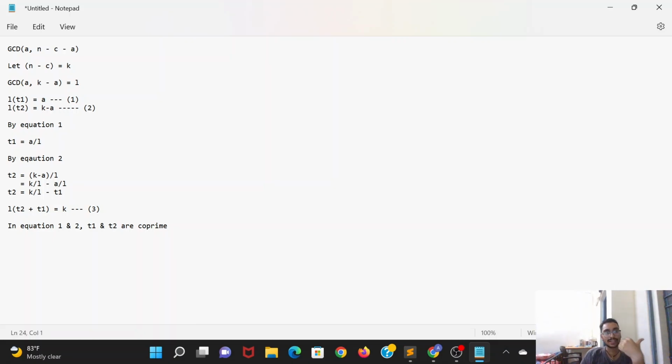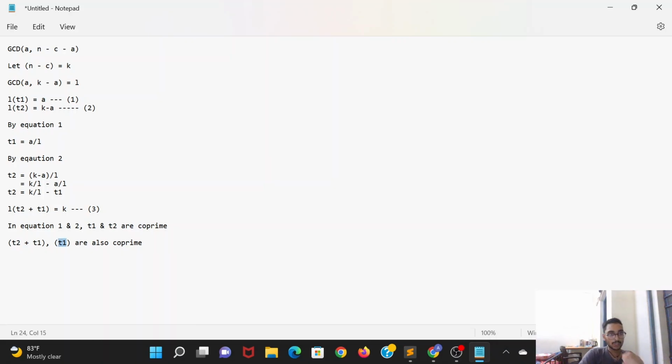So now suppose T1 and T2 are co-prime, which implies T2 plus T1 comma T1 are also co-prime. Now, how does this happen? Suppose something divides T1, because we are considering one of the numbers is T1. It won't divide T2, because by the proof we just did, T1 and T2 are co-prime.